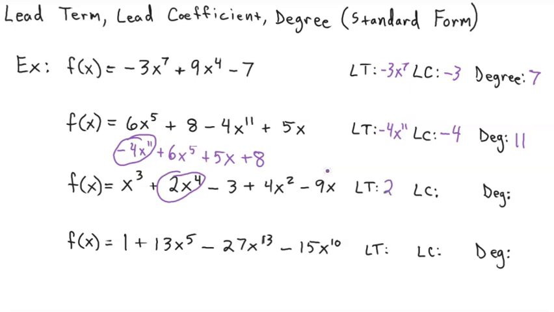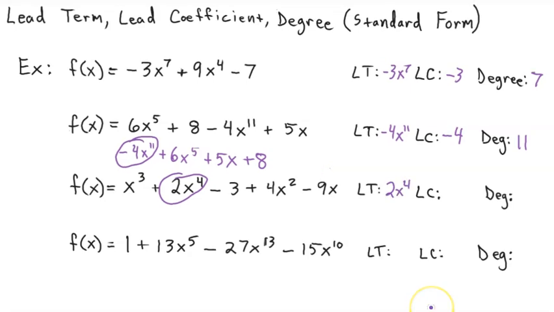So the lead term is 2x to the 4th. The lead coefficient is just the number, which is 2. And the degree is the power or the exponent on the x in the lead term, which is 4. So the degree is 4.